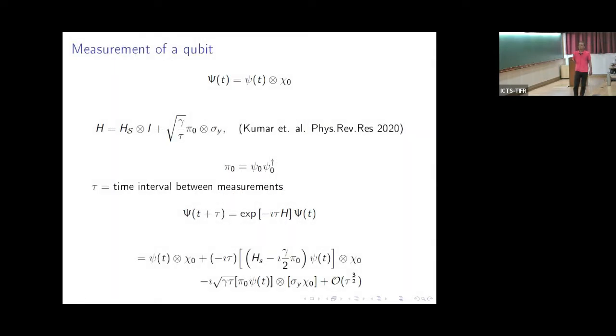So what we'll do is that we will introduce the measurement of the system, and that we'll do by letting the system interact with another similar two-state system. And when the interaction will occur, the combined system will evolve in a Hilbert space, which will be a direct product of the Hilbert space of the system proper and the probe.